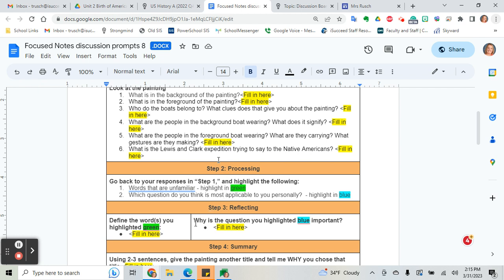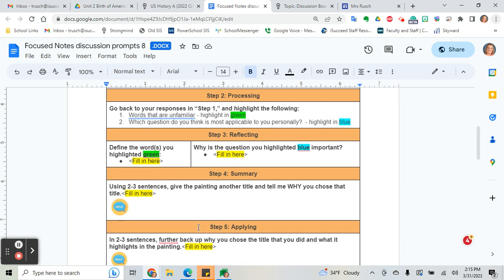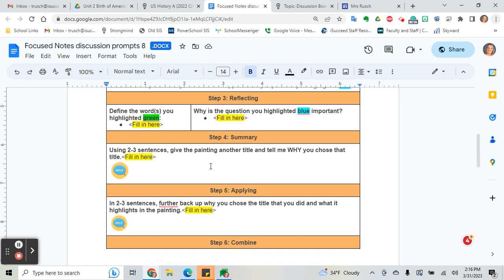Go ahead and tell me the words, tell me their definitions. I'm sure that you are smart and that you know all the words, but maybe not in this context. So go ahead and do it in this context. And then I want you to give the painting another title and tell me why you chose that title.